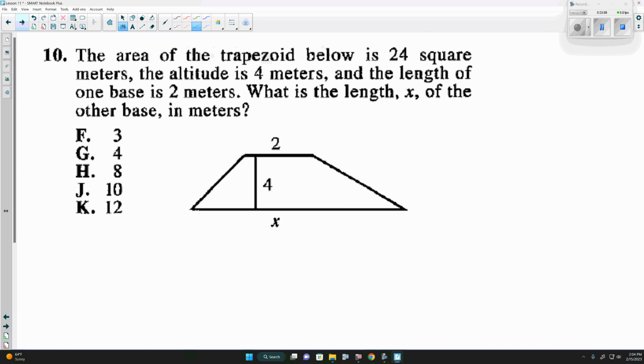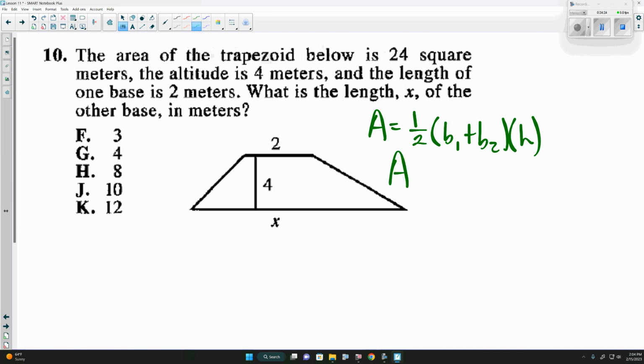Number 10, the area of a trapezoid below is 24 square meters. The altitude is 4 meters, and the length of one base is 2 meters. What is the length x of the other base in meters? Again, so we have our area formula. Area equals 1/2 of base 1 plus base 2 times the height.